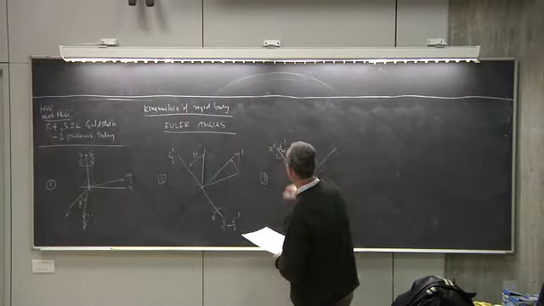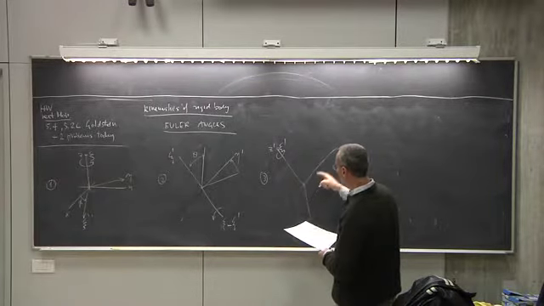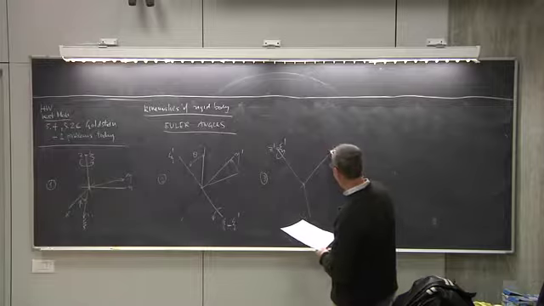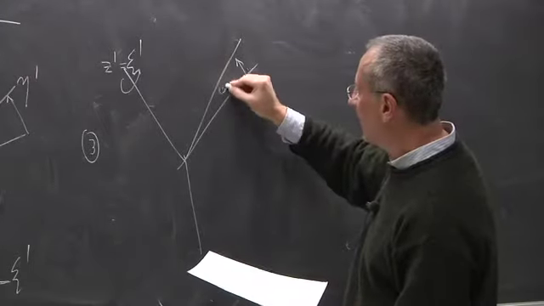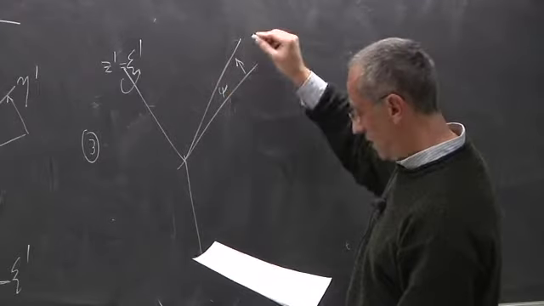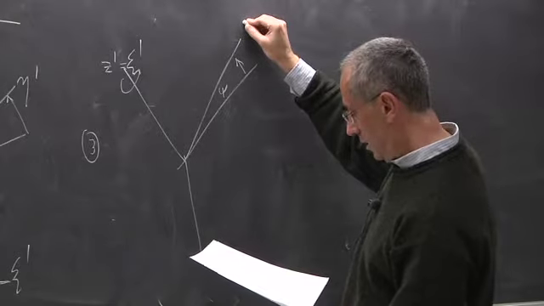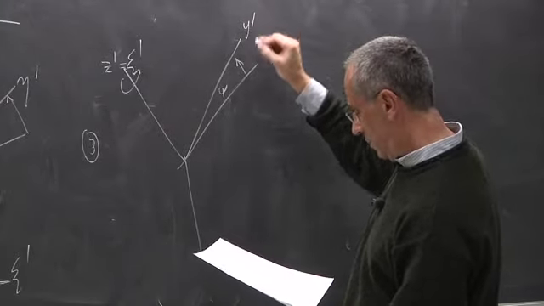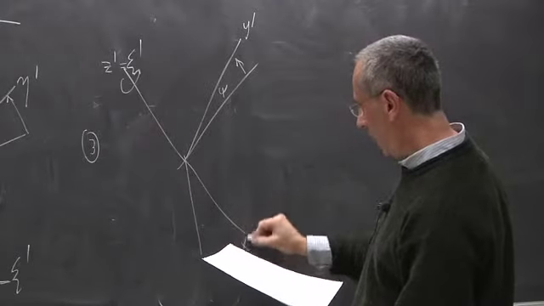Now I'm rotating this way, so this one goes up by an angle that I call psi. And this is now the y prime, and this is my x prime.